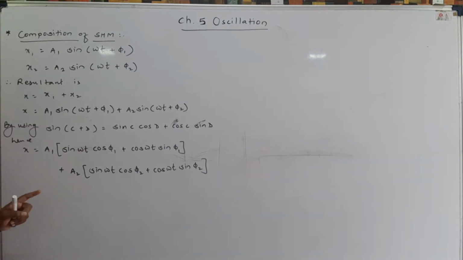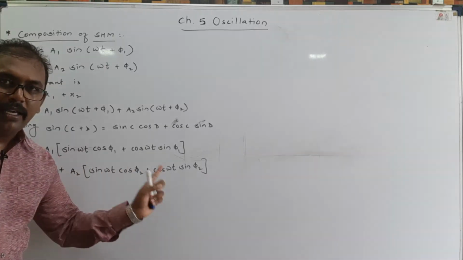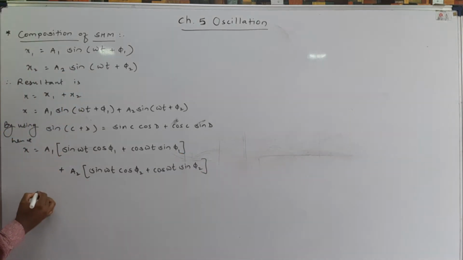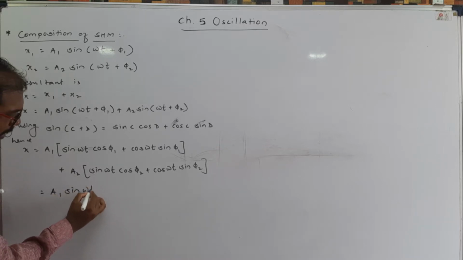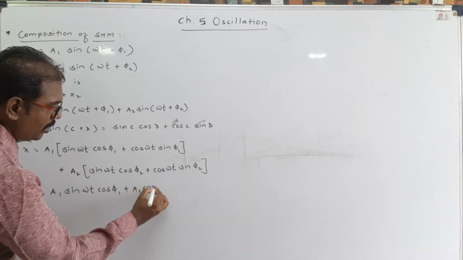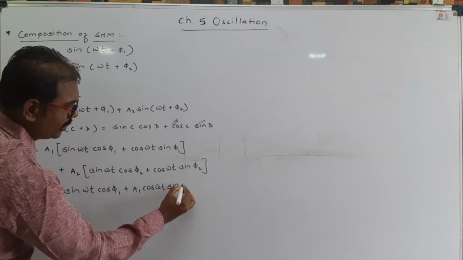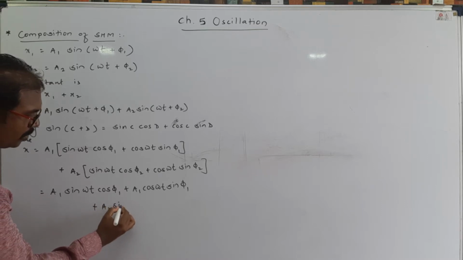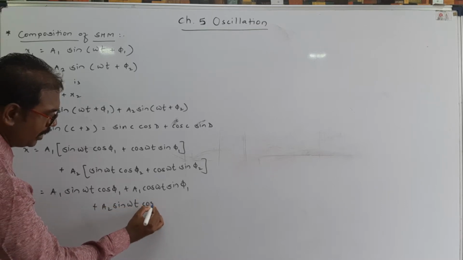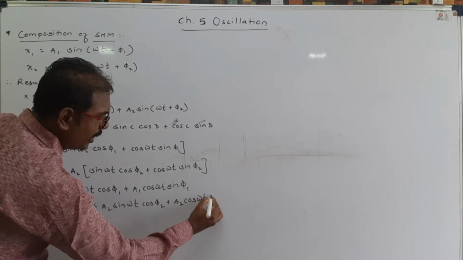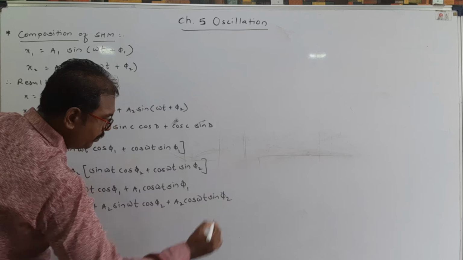Now A1 is multiplied by every term of the first bracket and A2 by every term of the second bracket. So A1 sin omega t cos phi 1 plus A1 cos omega t sin phi 1 plus A2 sin omega t cos phi 2 plus A2 cos omega t sin phi 2.